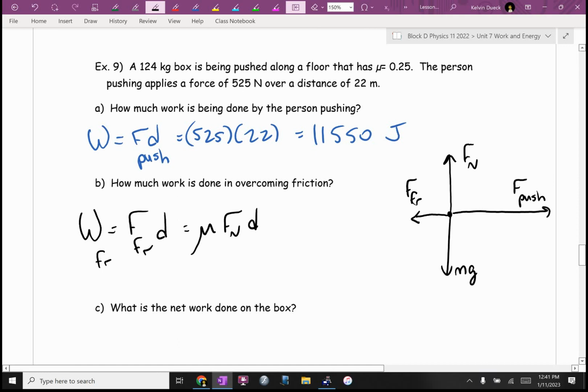Okay. I think I can write this as the work done by friction is mu mg times d. It's going to be 0.25 times 124, g 9.8, 22.